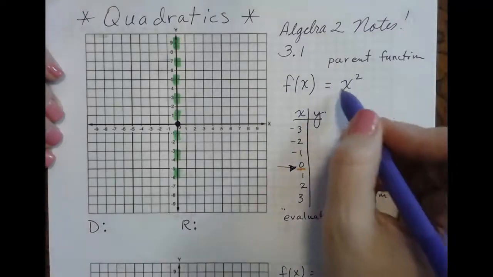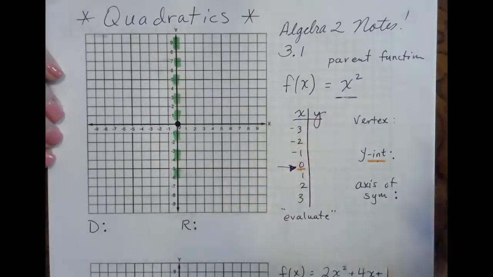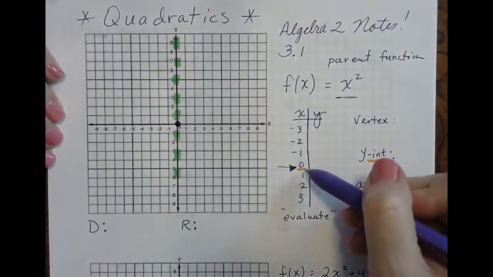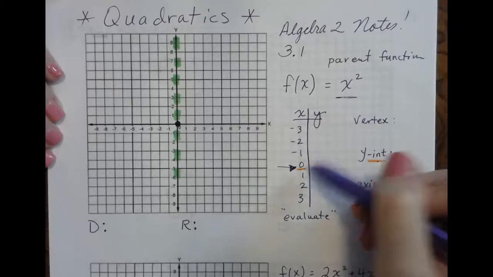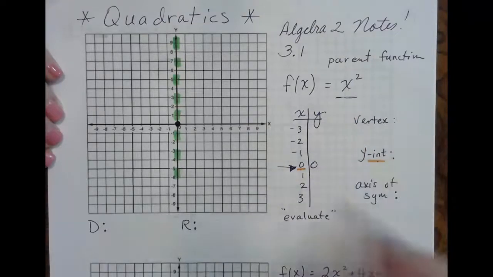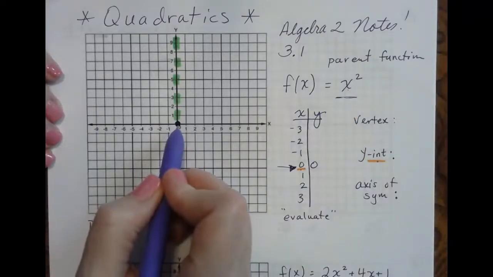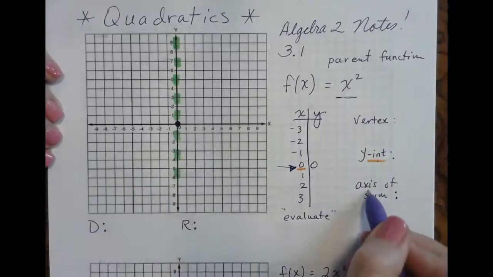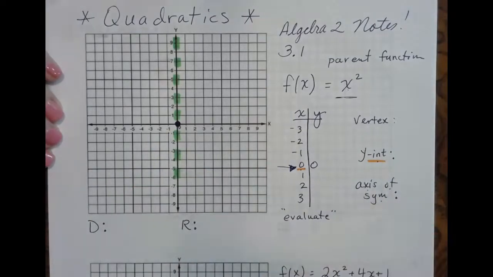And we can see it here. All this is a squaring function. So whatever we put in as an input value, we're going to square. So 0 squared is 0. So we do have a point right there at 0, 0, which is on our axis of symmetry.